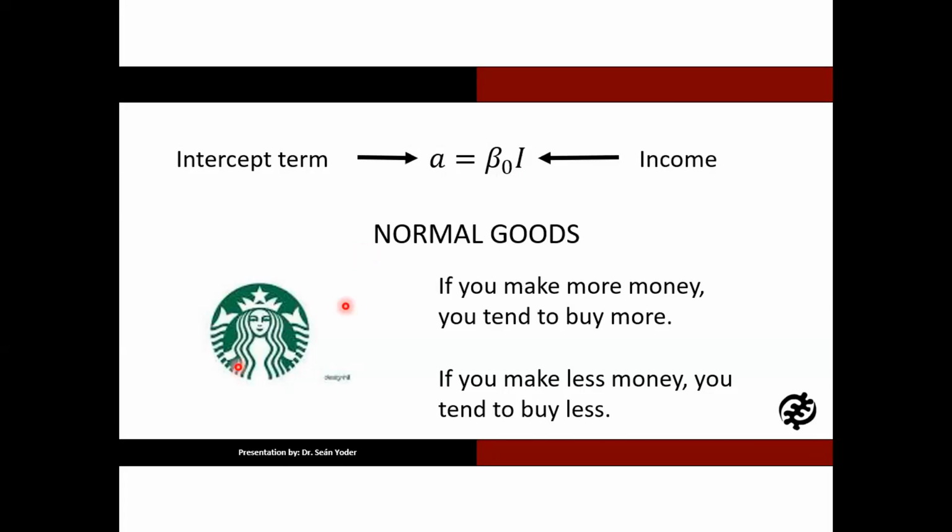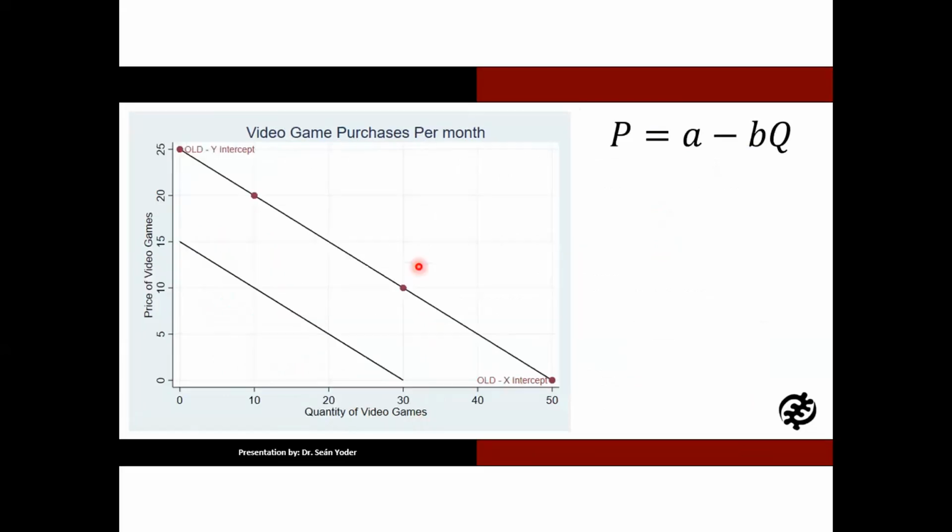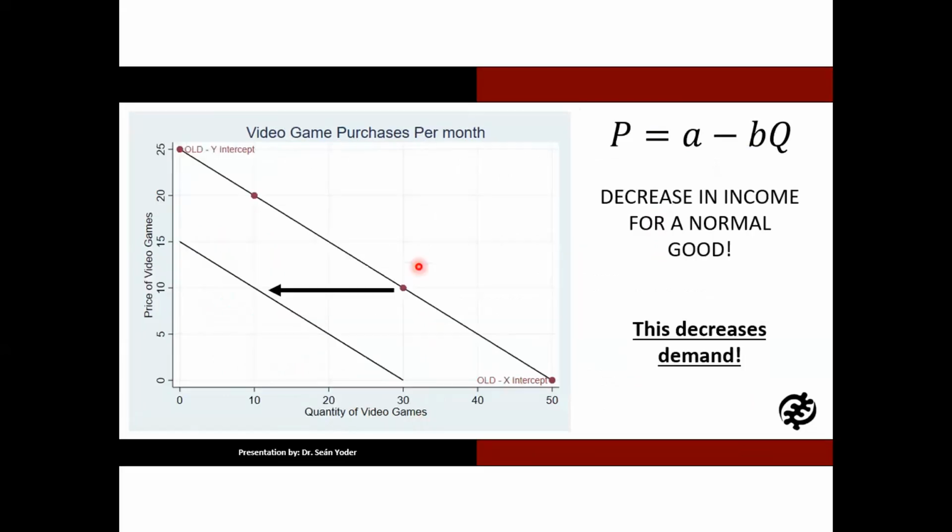So notice we're not talking about the price of Starbucks coffee. All we're talking about is my income and whether or not I go more frequently or less frequently. So what happens? If it's a normal good and you increase your income, the demand curve shifts to the right. If it's a normal good and your income goes down, the demand curve shifts to the left.